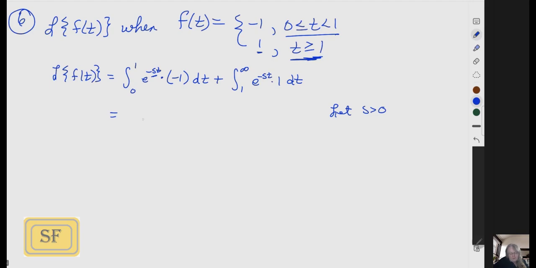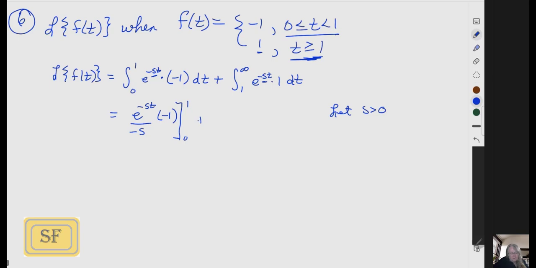When I substitute in infinity on this first part, it shouldn't matter. So here the integral of e to the negative st is just e to the negative st divided by negative s. That negative 1 carries along, and we're going to have our limits 0 and 1.